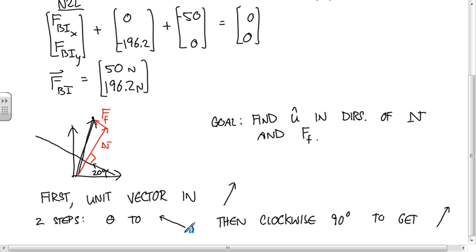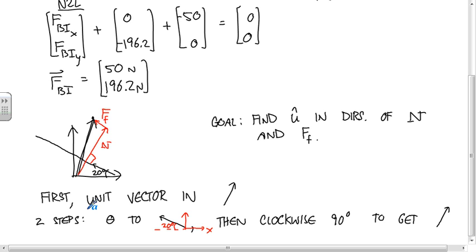Okay, so what's the angle? What do we know here? Yeah, that's right. So if here's our coordinate system, we're given in the problem that this angle is 20, right? So it's counterclockwise 180 minus 20 to get in this direction. So we started out here, I rotated 160 to get here.